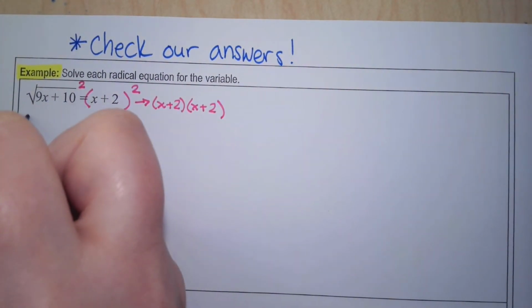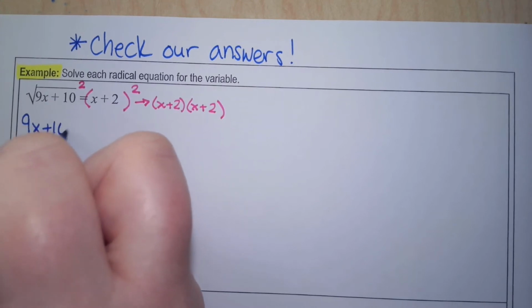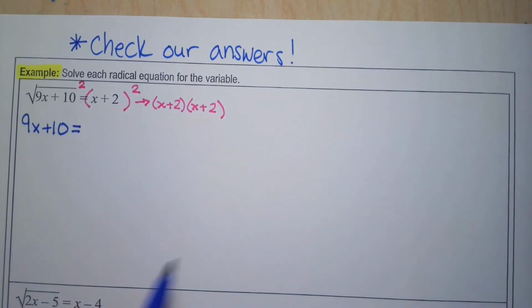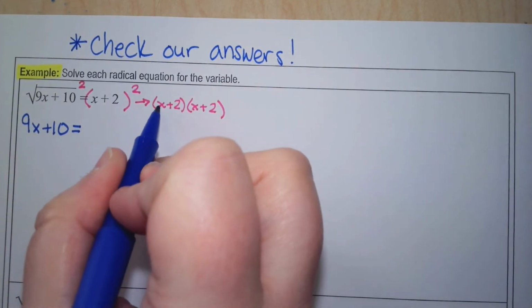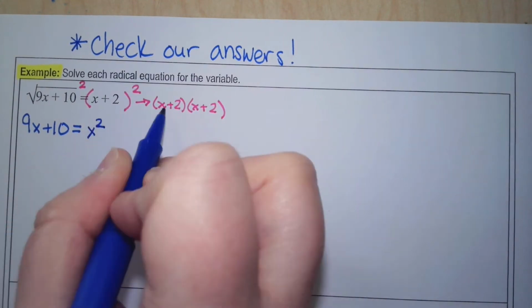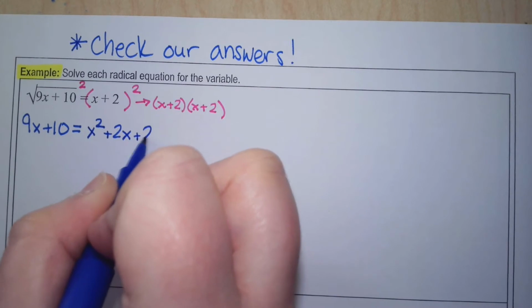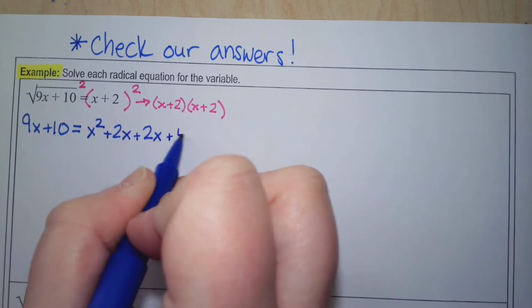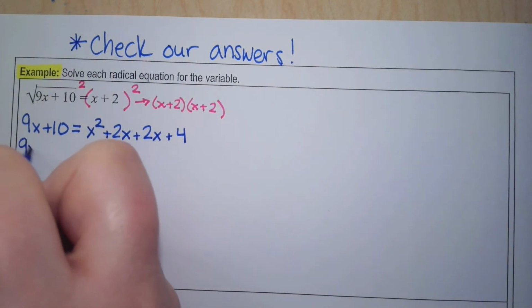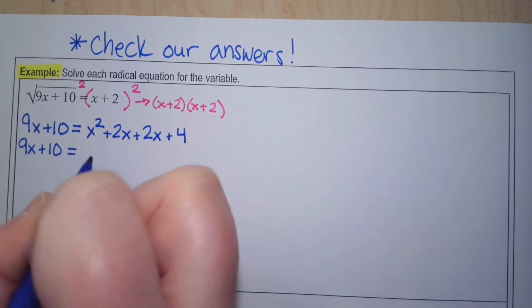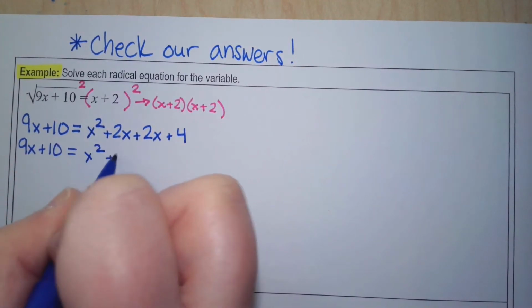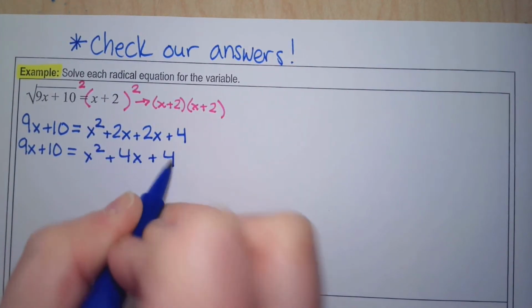So over here we're going to have 9x plus 10 is equal to x times x is x squared, x times 2 is plus 2x, 2 times x is 2x, 2 times 2 is 4. So 9x plus 10 is equal to x squared plus 4x plus 4.